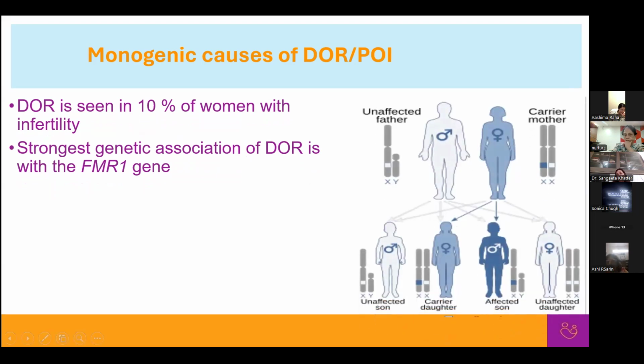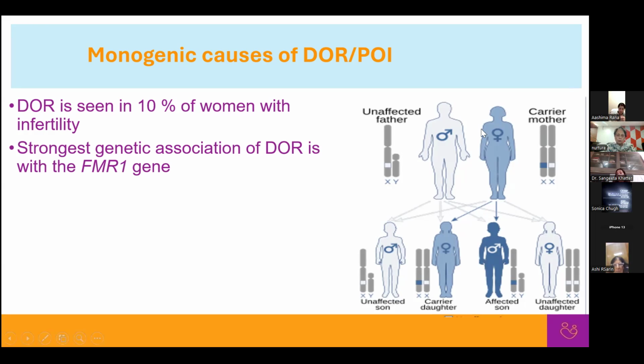The FMR1 gene is present on the Q arm of the X chromosome, and this gene is mostly expressed in the brain. A defect in this gene causes mental retardation in a male child, because a male has only one X chromosome.